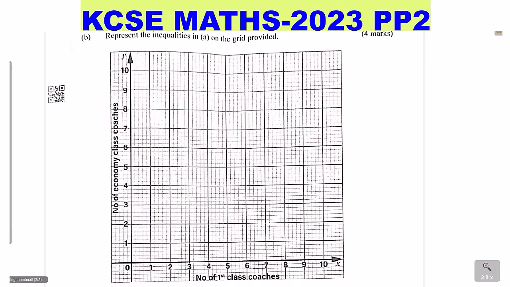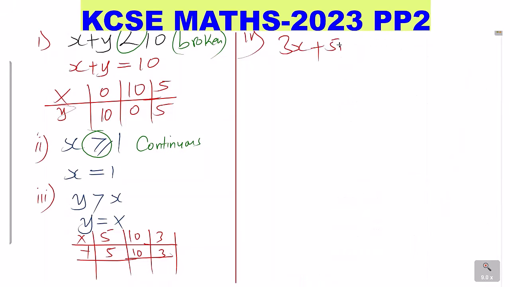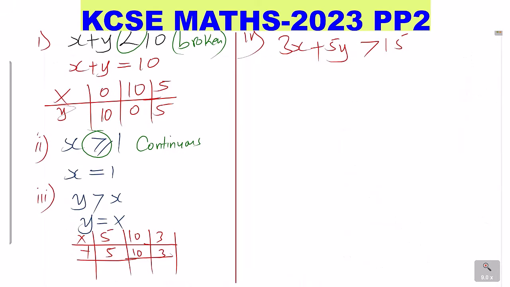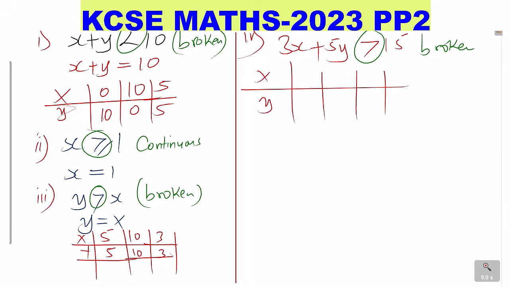The fourth one is 3x plus 5y is greater than 15. I forgot to say, this line, because it is greater than, will be broken. So we get the points. You have x, y. When x is 0, you substitute 0 in this equation.